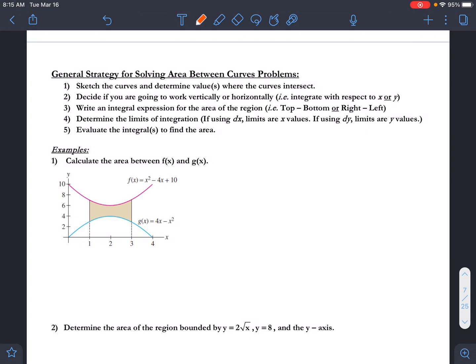Here's your general idea. We're going to figure out where we intersect, or what x values we're going in between. Then we're going to decide if we work vertically or horizontally, aka with respect to x or respect to y. We're just going to do respect to x right now. We will be talking about respect to y. So everything is going to be in terms of x.